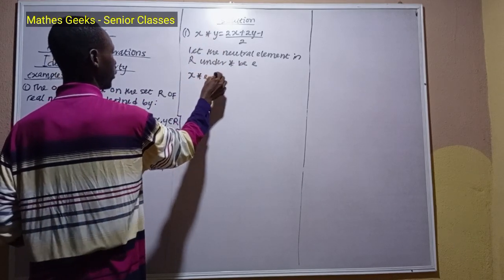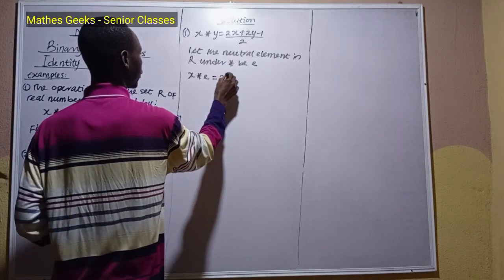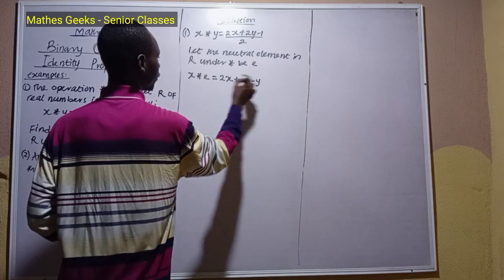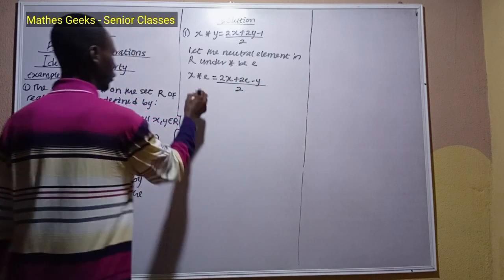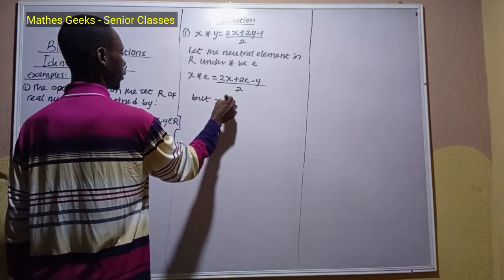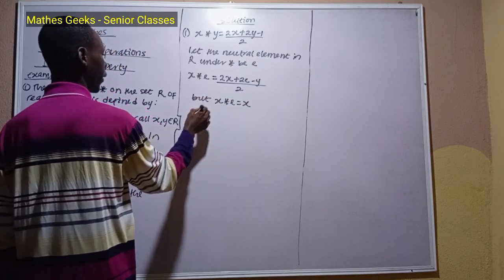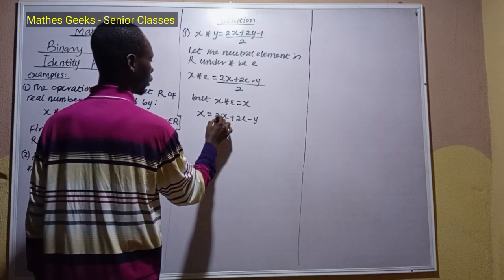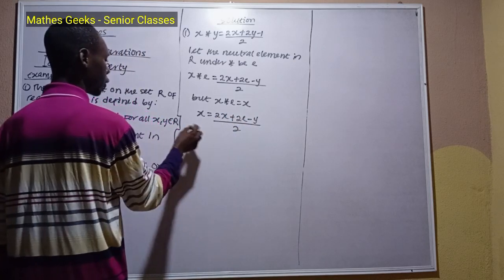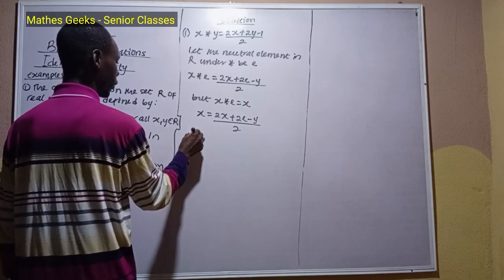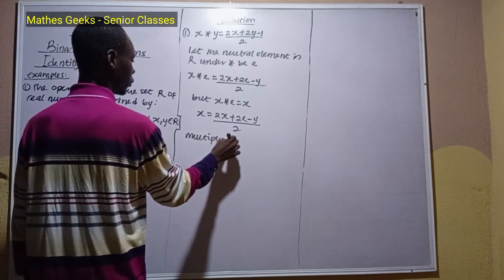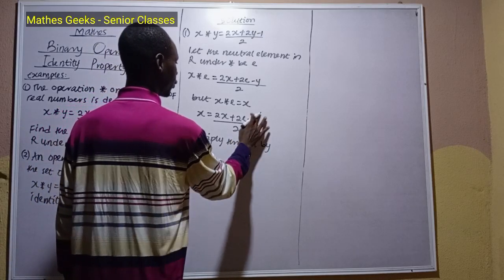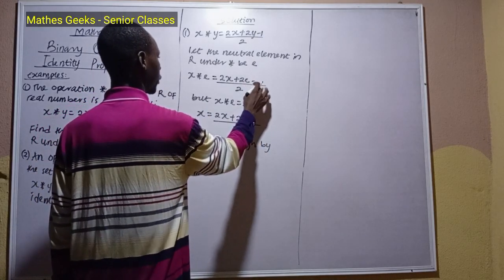The x star e is equal to 2x plus 2e minus 1 over 2. But x star e is equal to x. So x is equal to 2x plus 2e minus 1 over 2. So we'll multiply through by 2.